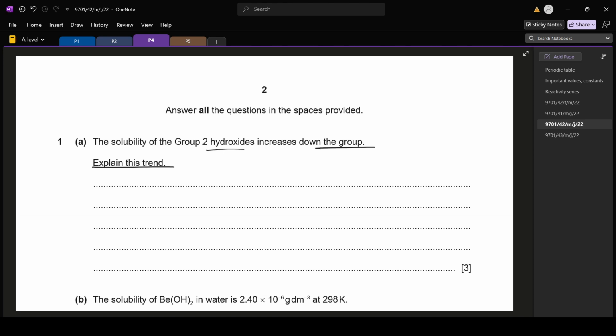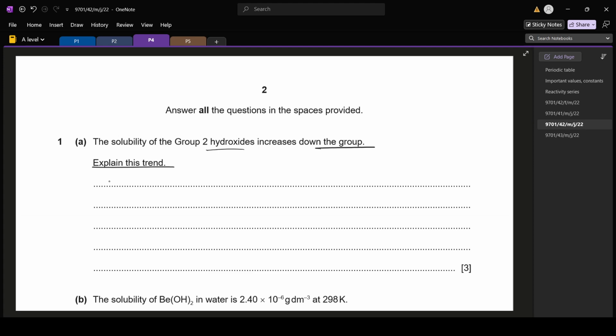So that's why the lattice enthalpy and hydration enthalpy both decrease, but the hydration enthalpy decreases less, or you can say the lattice enthalpy changes more. So the enthalpy change of solution becomes more exothermic.